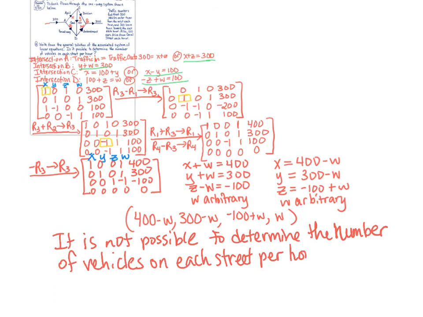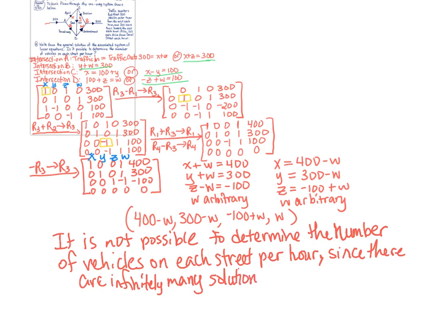And remember, we cannot do that because there are infinitely many solutions. Okay? There you go. Now we have a couple more parts to this problem, and they're on the next page, so let's go ahead and do that.